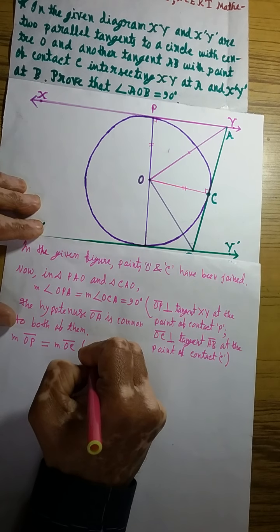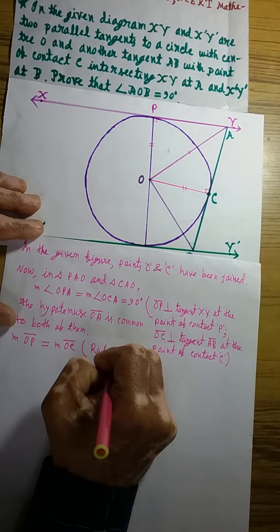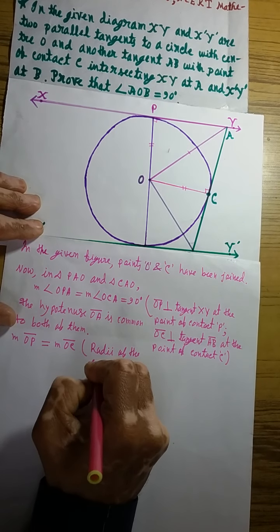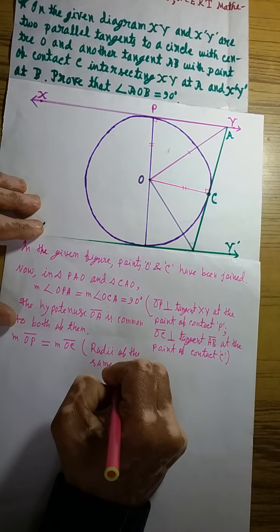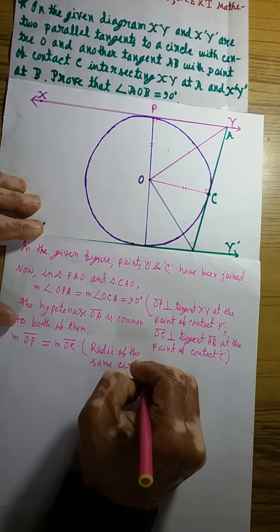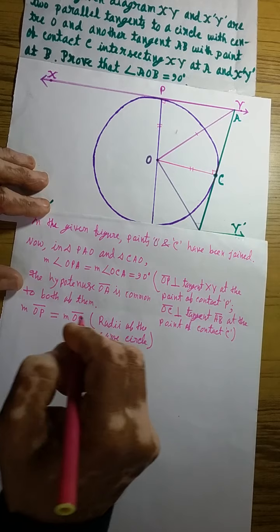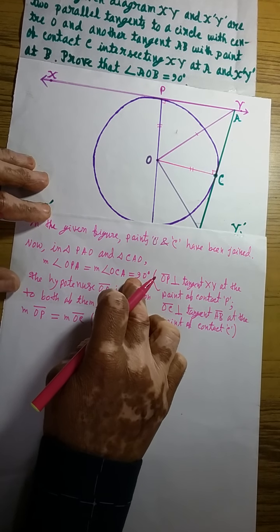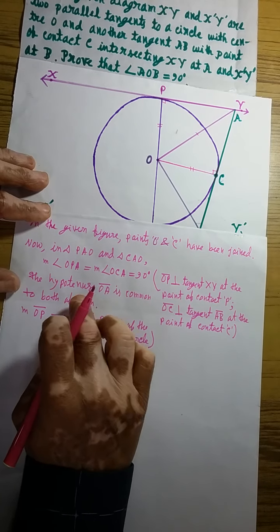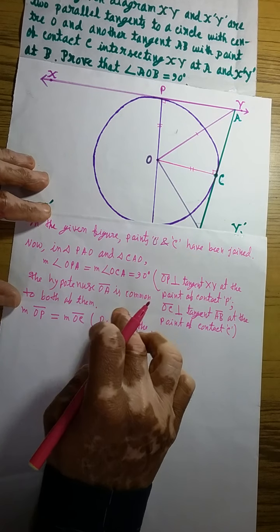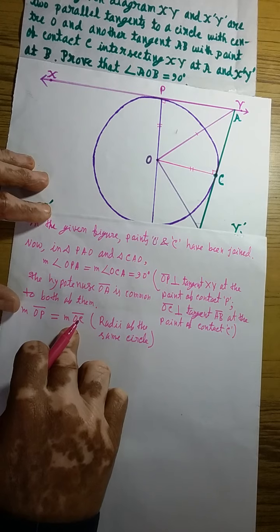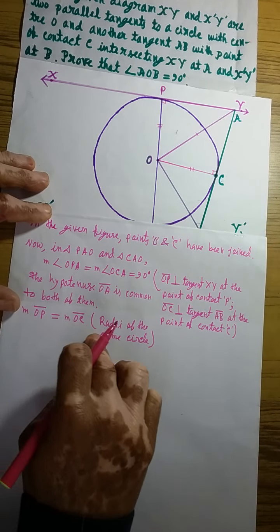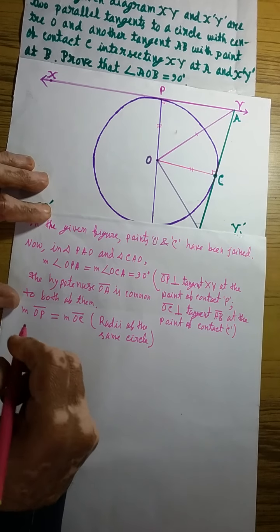Write within bracket, radii of the same circle. So we have got a right angle here. The hypotenuse is common, and one side OP and OC are equal to each other, radii of the same circle.